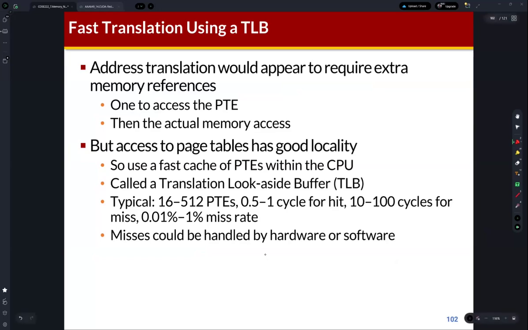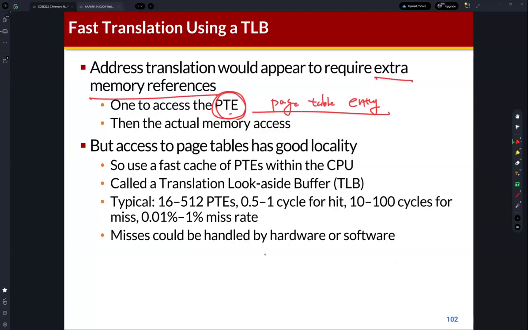In order to access the page table, so this is the problem. The page table entry is called the PTE. Actually, the virtual memory concept requires extra memory accesses. So in order to avoid these memory accesses, we can cache the page table entry.